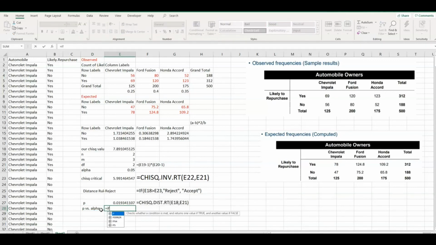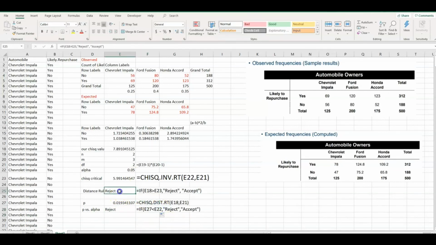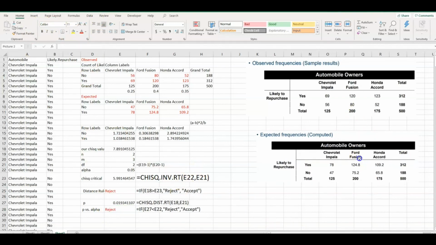If our p-value is less than alpha, we reject. Otherwise, we accept. Obviously, we have the same result: reject and also reject.